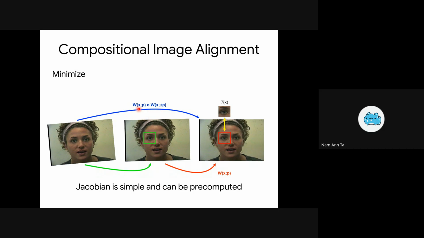The blue arrow represents the additive alignment, and the green arrow represents the compositional alignment, because we only perform the Taylor expansion on the small update or the correction, nearly identity. So the Jacobian remains fixed and does not change with p. Therefore, we only need to calculate the Jacobian once at the very beginning and use it thereafter. This is the massive advantage of the compositional form.